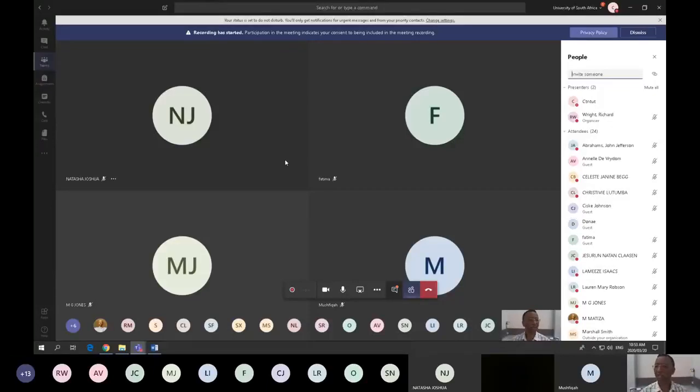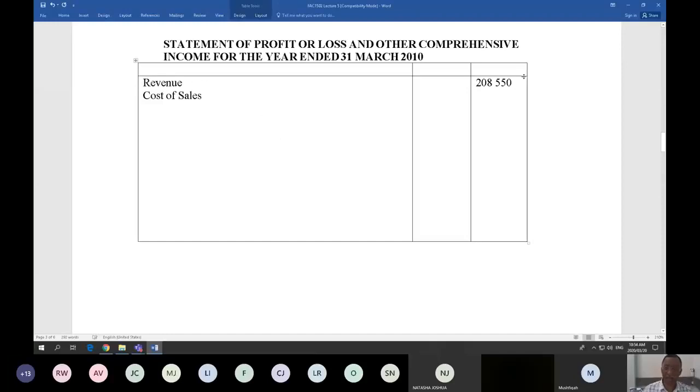The question we are dealing with now, guys, is a perpetual system. And in a perpetual system, cost of sales is given to you. So in your question paper, you will see that there is an account for cost of sales. And that tells you that we are dealing with the perpetual inventory system. Back to the question, guys.